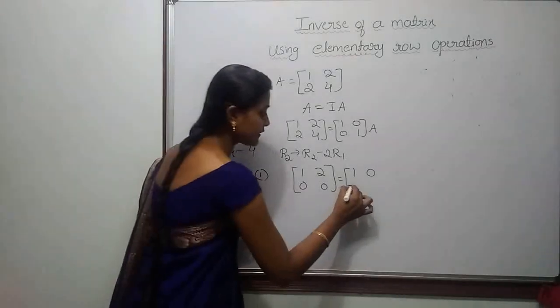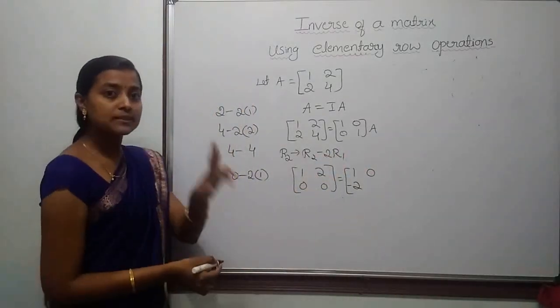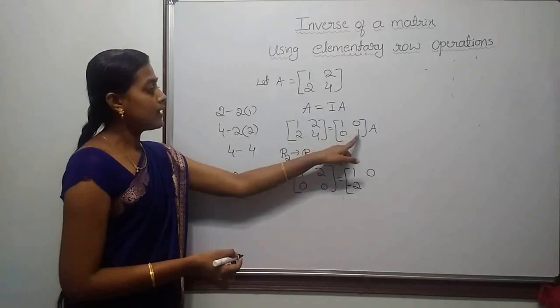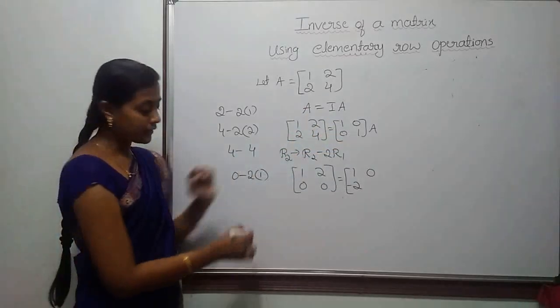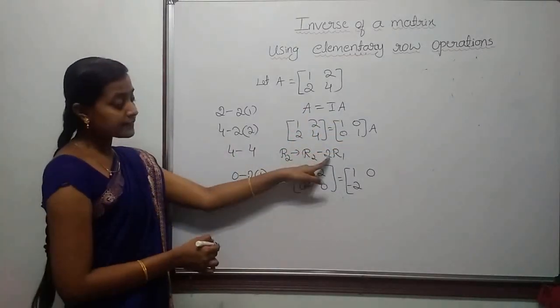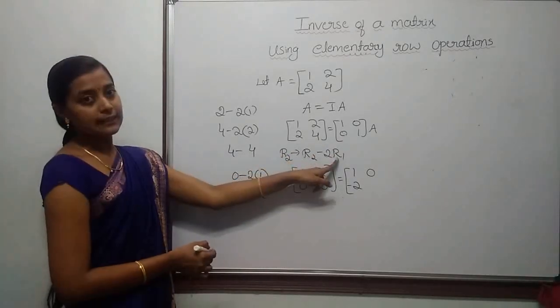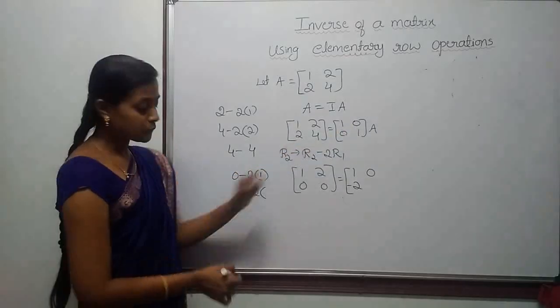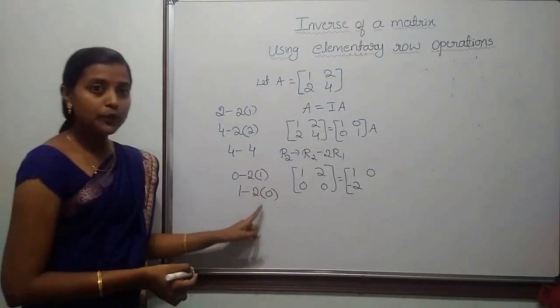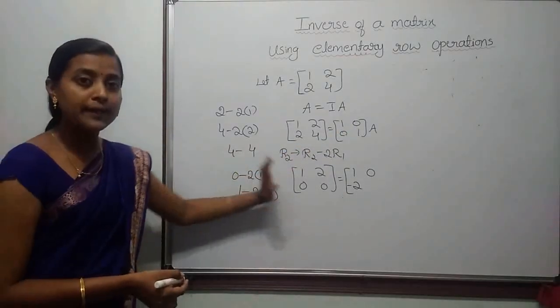I will write this here. For the second element of R2 is 1 minus this 2 into R1. Second element of R1 is 0. 2 into 0 is 0. 1 minus 0 is 1.